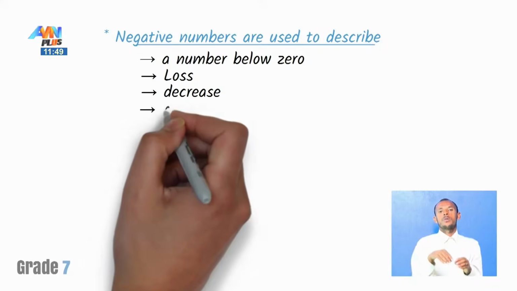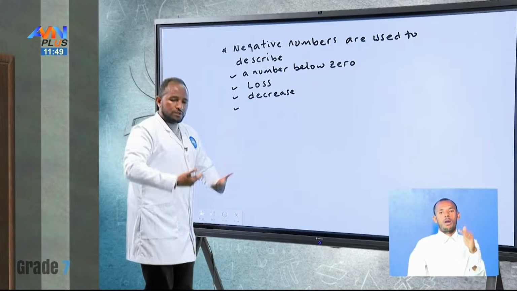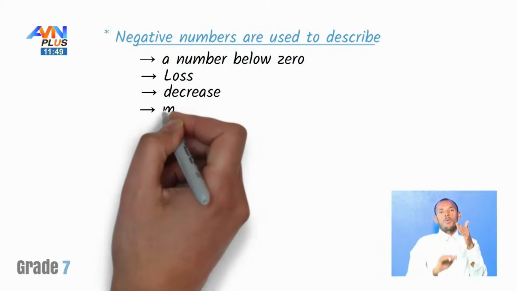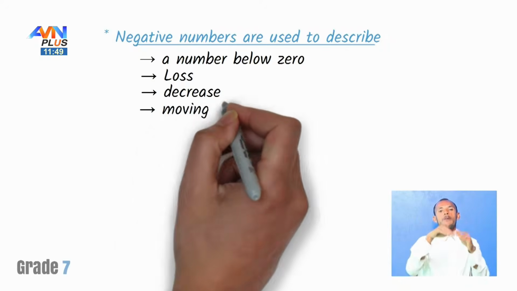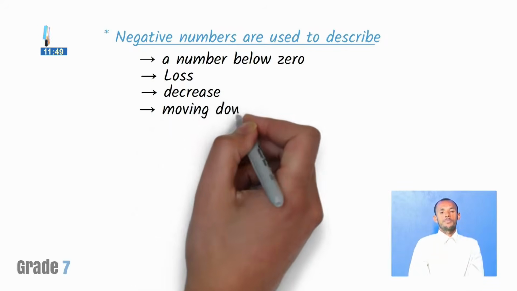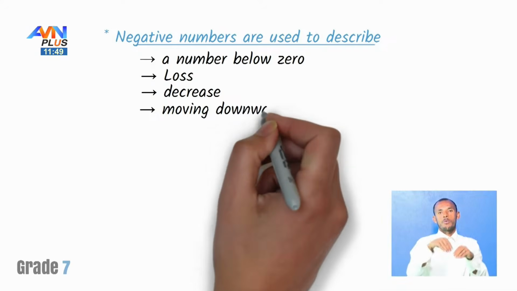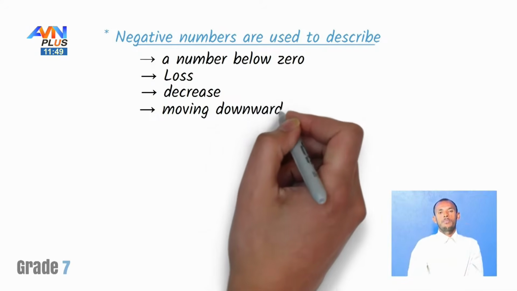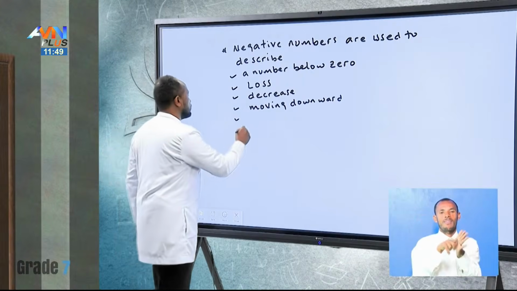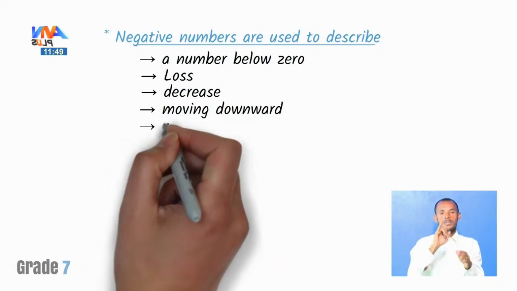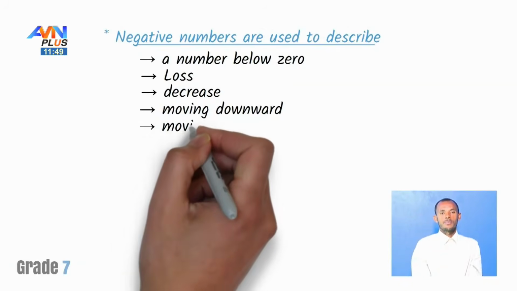Moving downward, if certain thing moves down, we use negative. And moving backward also is negative.